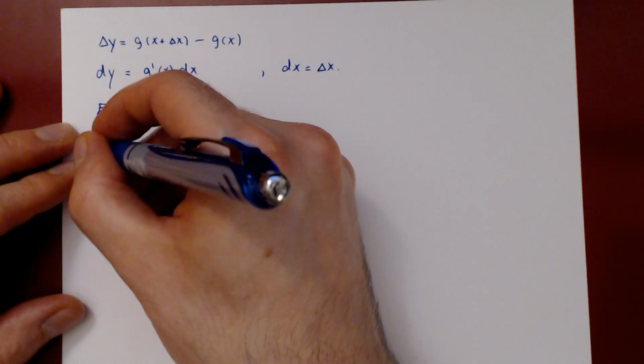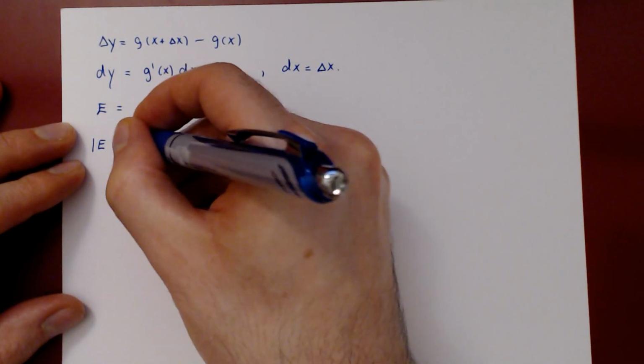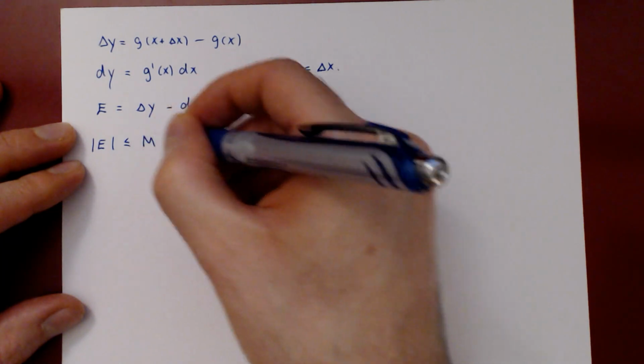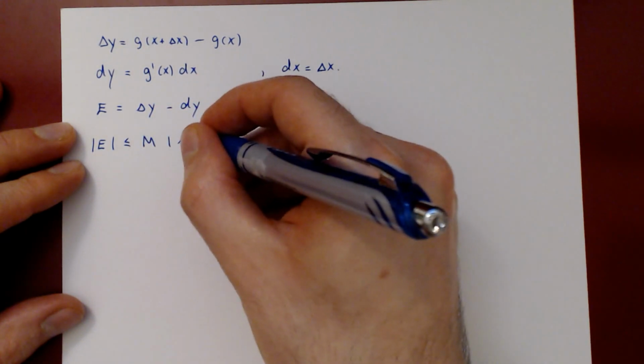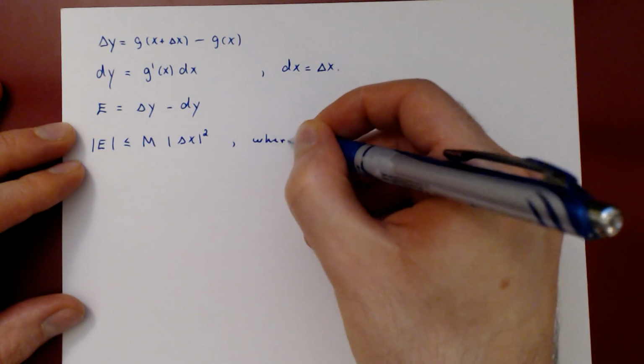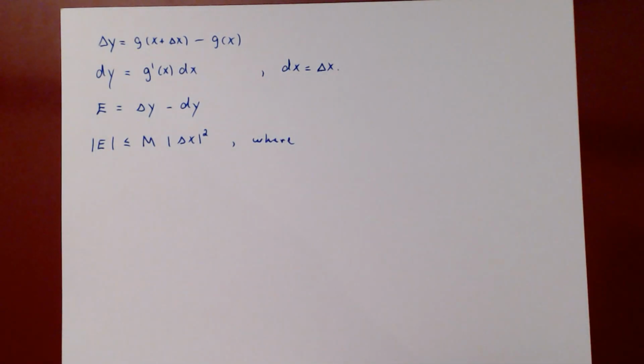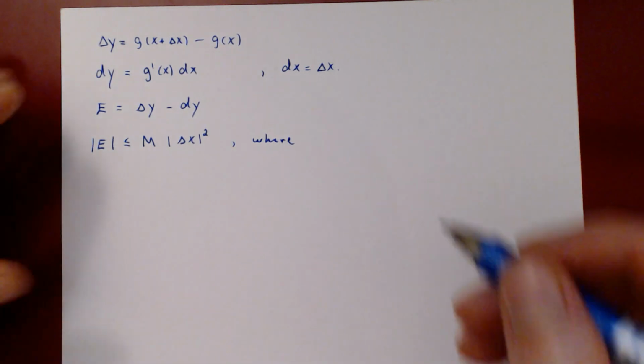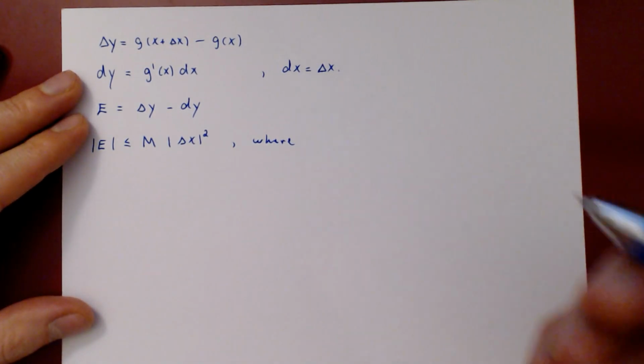And in absolute value, the error is at most some constant times the size of delta x squared, where m was the absolute value attained by the second derivative on the interval.